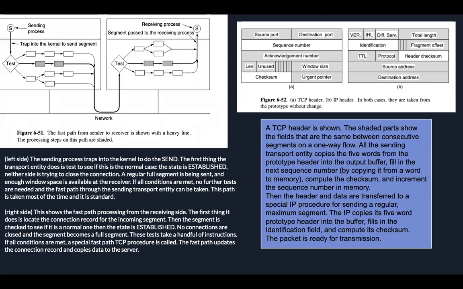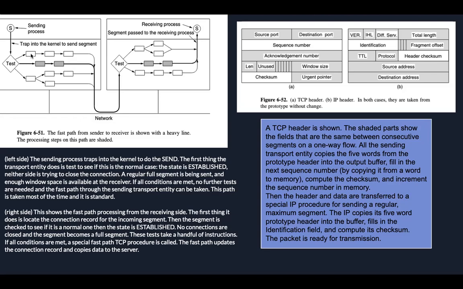Okay, so there are two figures. The one on the left is figure 6-51. The sending process traps into the kernel to do the send. And the first thing the transport entity does is test to see if this is the normal case.